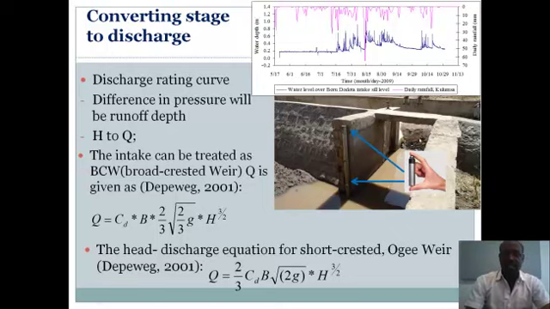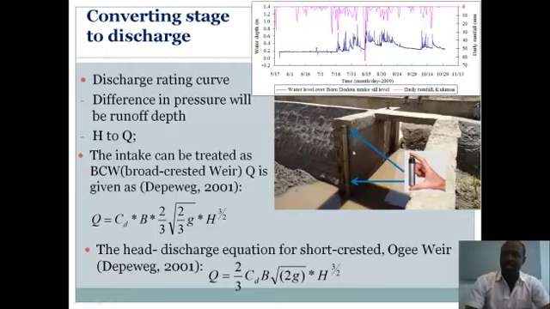The other is, for example, divers. This is actually in Borkena of Ethiopia. It's a diversion weir again, and here the diver will be put at the bottom and again at the top of the measuring device. The bottom one measures the pressure of the water above it plus the atmosphere, and the top one measures the atmosphere.